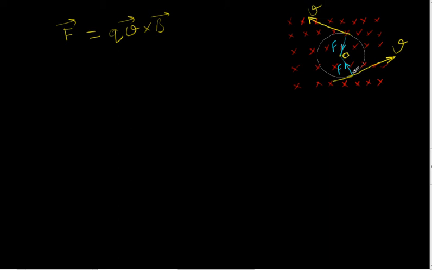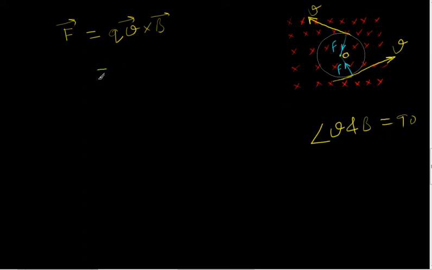It means the angle between v and B is always 90 degrees, because v will be only in the surface, and the magnetic field is perpendicular to the surface.